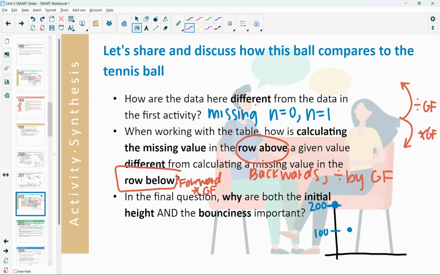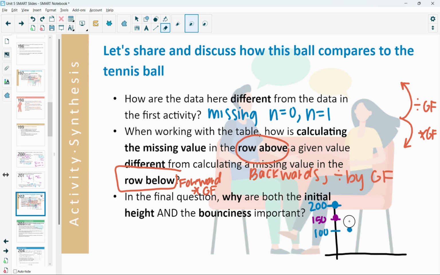Where you could drop a different one from, let's say, 150, and it could keep 90% of its bounce, and then it could be up here, right? Those kinds of things could change information, so it matters the height that you're dropping it, and it matters the position of it.